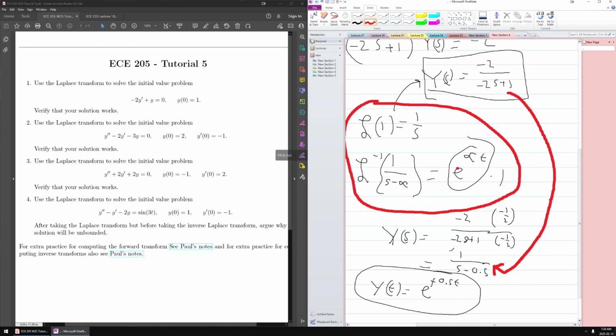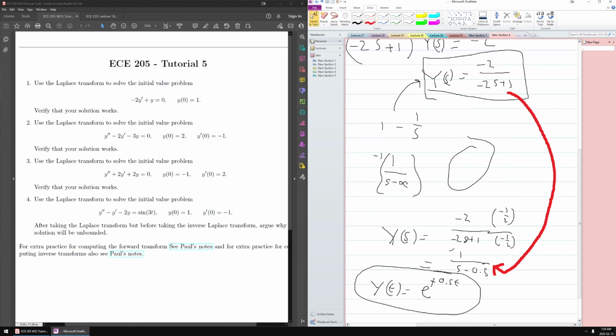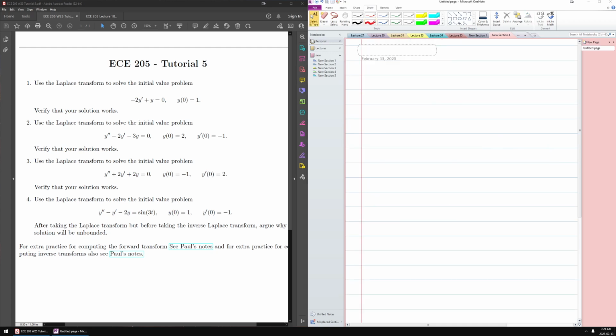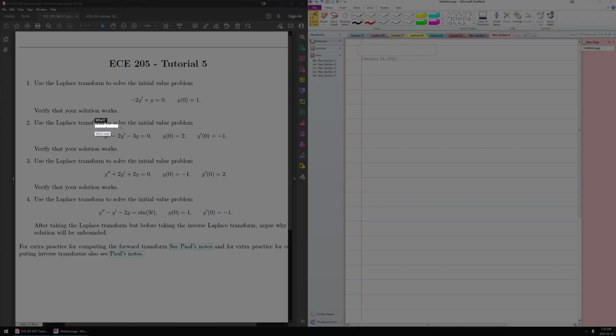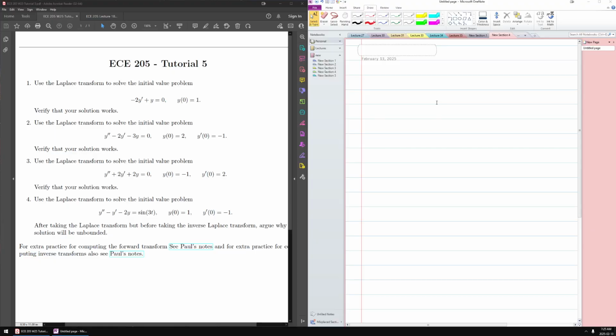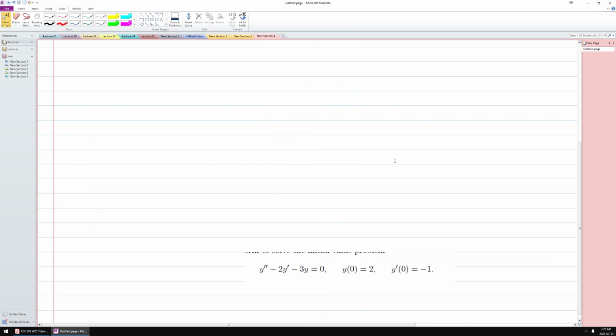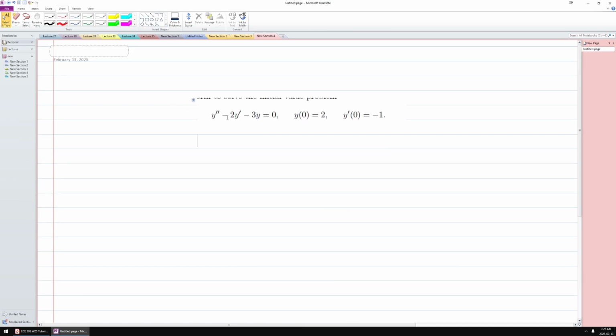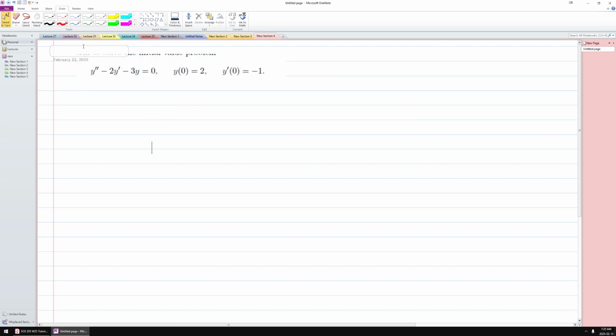Okay, let's do number 2. So let me just clear up things. For the second question, what they're really asking us to do is use Laplace transform to solve this second order ODE. Effectively, what we want to do here is exactly the same mechanical steps that we just did, just with a new DE.